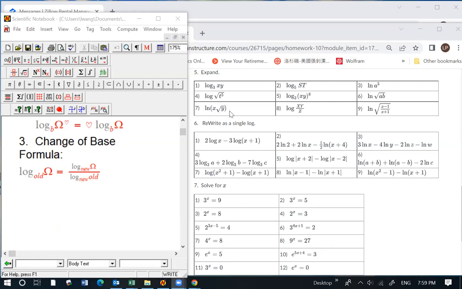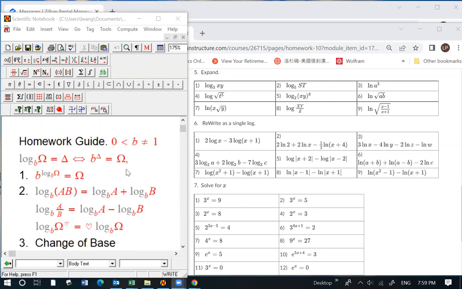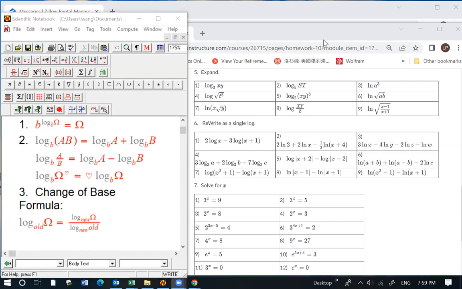Number 5 and number 6 focus on using these 3 properties. I don't like this color, so let me make it a more prominent color. All of these 3 are going to be used for this set, left to right, right to left.